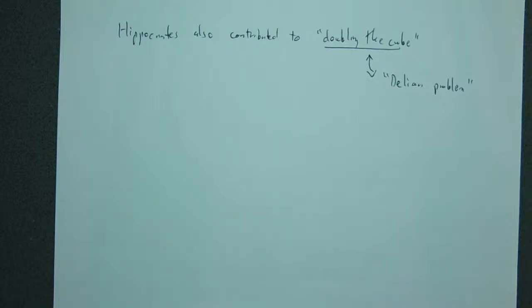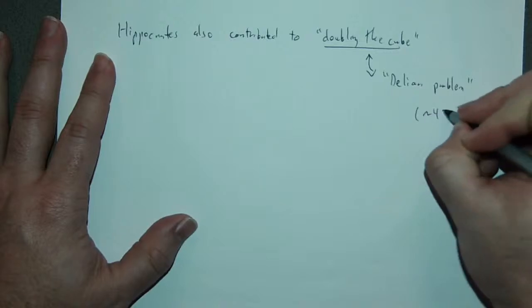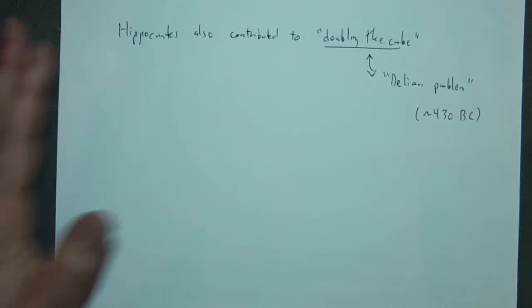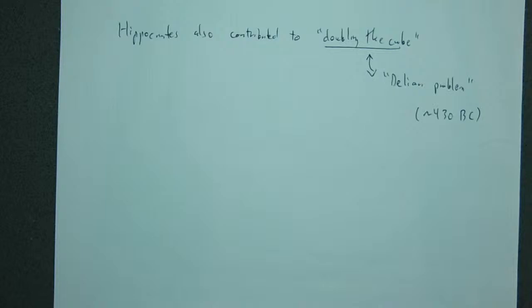And so the way that this story goes is Athenians needed help during a plague. So this was 430 BC. So the Athenians needed help during a plague, and they consulted the oracle of Delos for help, and the oracle basically told them to double a marble altar. Okay, so there was an altar of Apollo that was roughly a cube, and they were told to double it, okay, in size, meaning in volume.